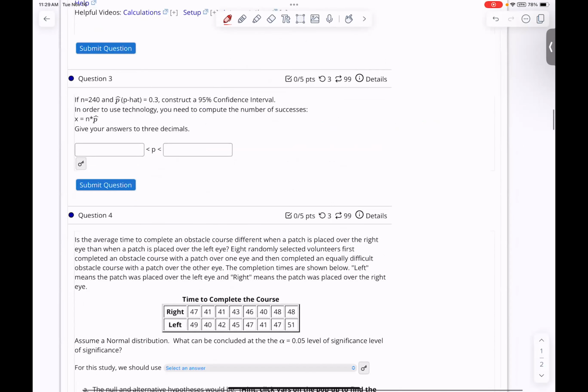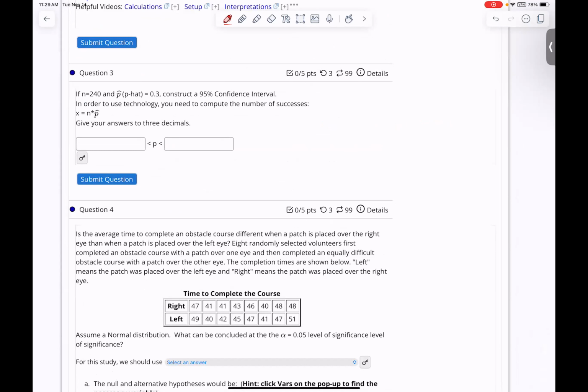Okay, question 3, find an interval. So we're going to use a 1 proportion z interval because we are looking at proportions and we're looking for a confidence interval. It does tell us that we have to calculate X, excuse me, because I don't know what X is.